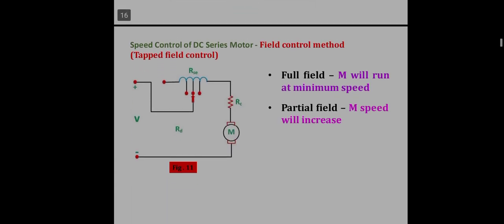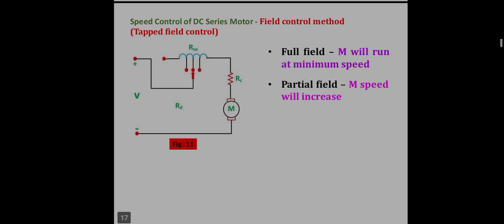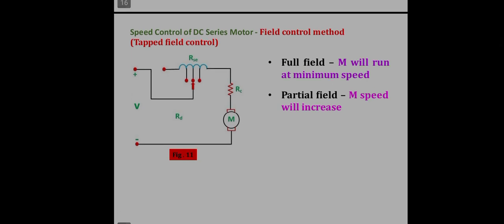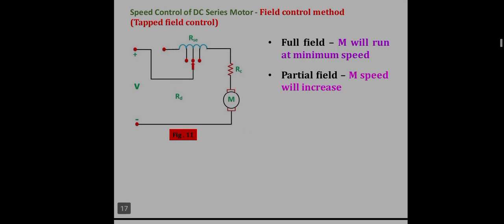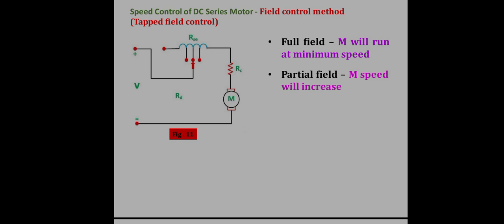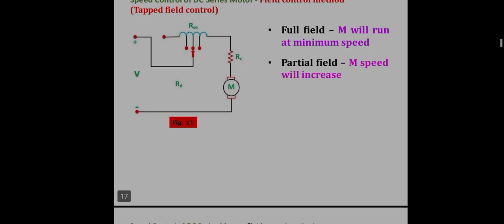In the field control method, we have other different arrangements. That is the tapped field system. While designing itself, the field winding is given a number of tappings. So if we connect tap 1, it gives some flux, tap 2 some other flux, and tap 3 some more flux.